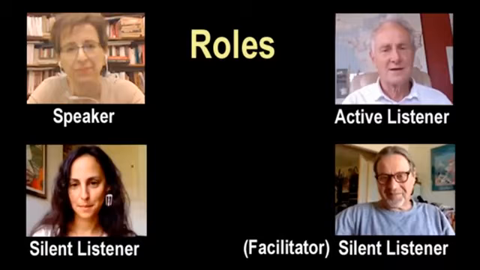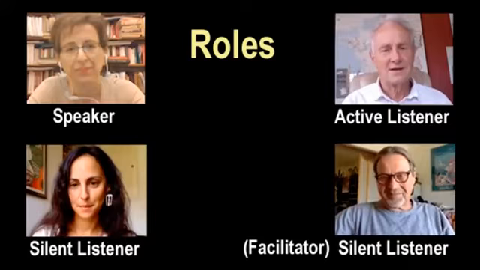There are 4 basic roles, and the roles rotate among the participants as the empathy circle unfolds. 1, the speaker, is the first person to speak. 2 is the active listener who actively listens to the speaker. There are the silent listeners, who quietly observe and witness.